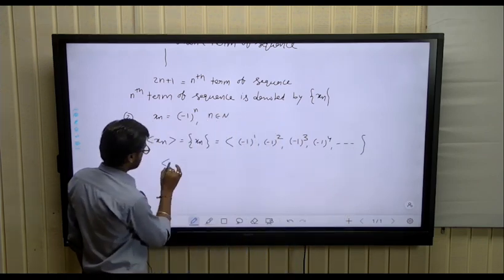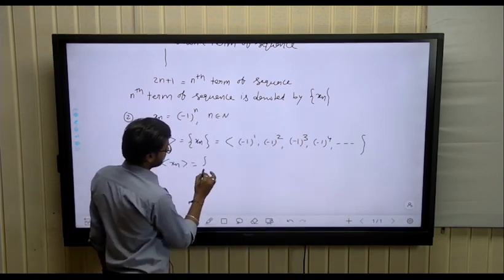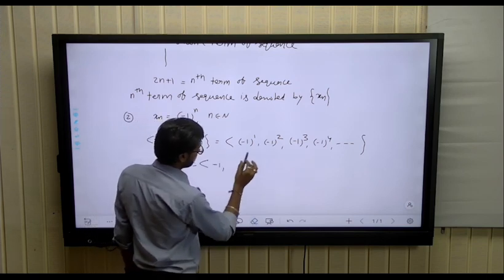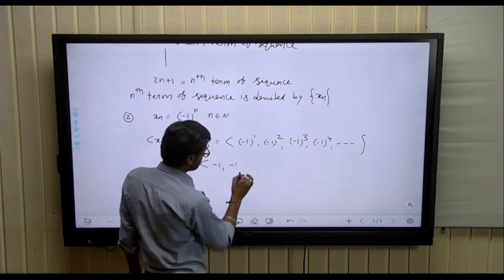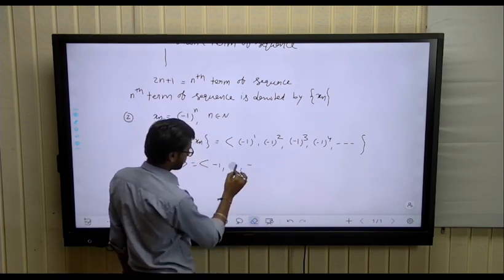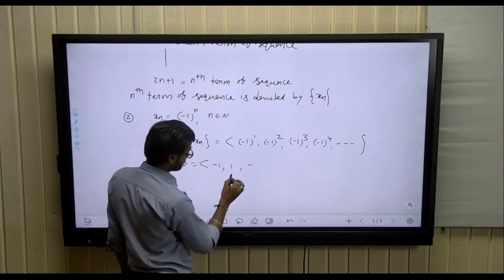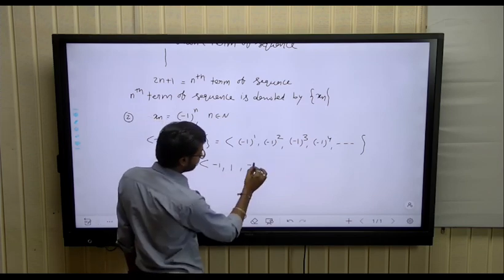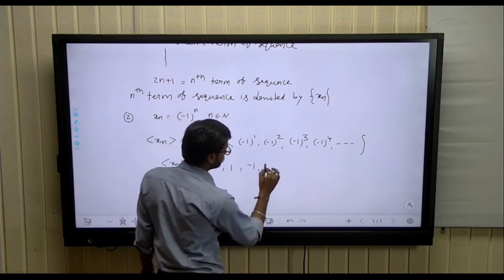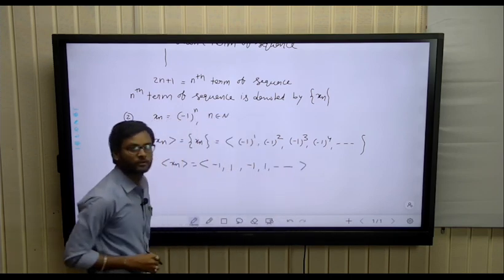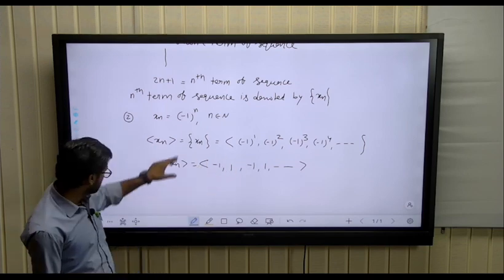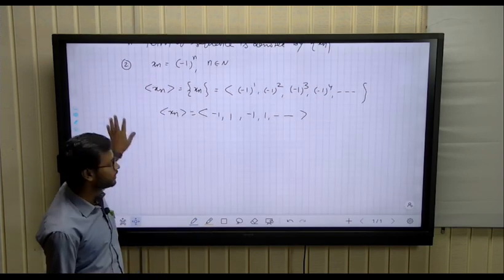So the terms are -1, 1, -1, 1 and so on. So we studied how we write the terms of a sequence.